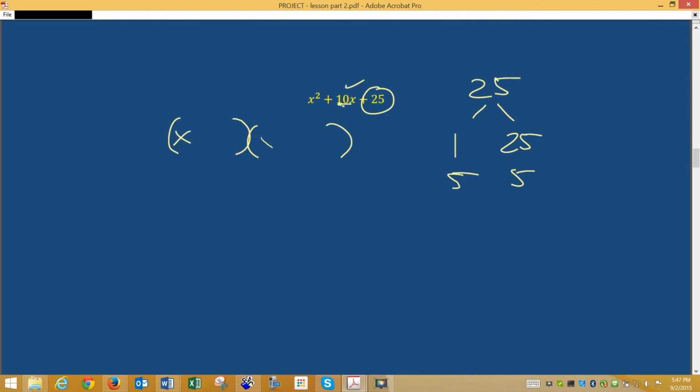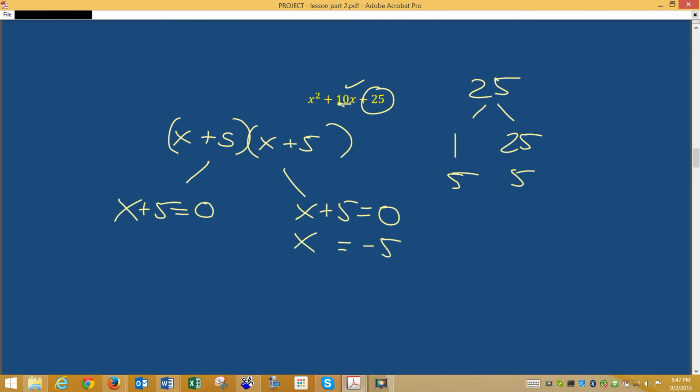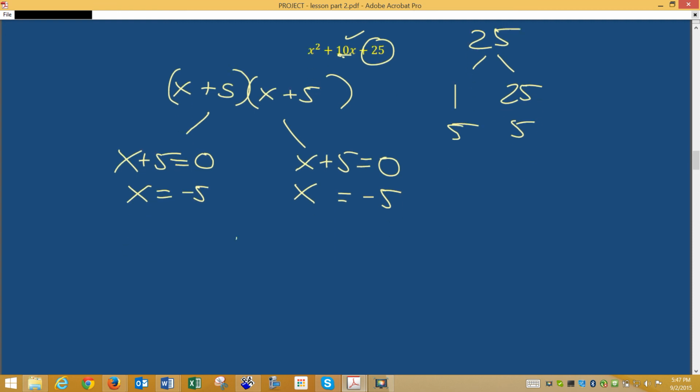Okay, so I'm going to put an x at the beginning of each bracket, a +5 and a +5. Set each equal to 0 and solve for x. So we can subtract 5 from each side. Okay, so there's only one solution. X equals -5. That's weird.